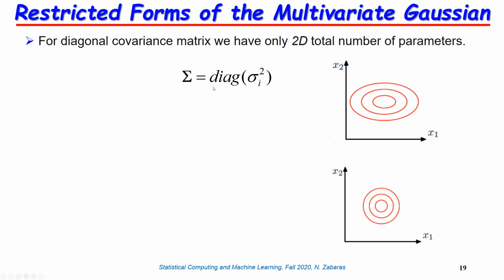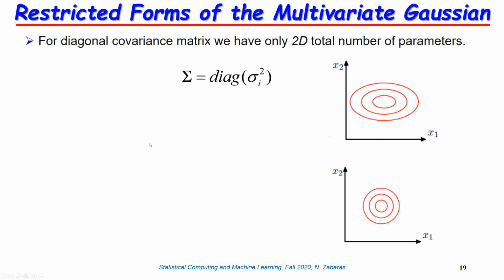Here is a case where I make my covariance matrix diagonal with elements sigma 1 square, sigma 2 square, etc. In this particular case, if you plot the equal probability contours that we discussed earlier, the ellipse or the ellipsoid in general that you get is aligned with the axis x.